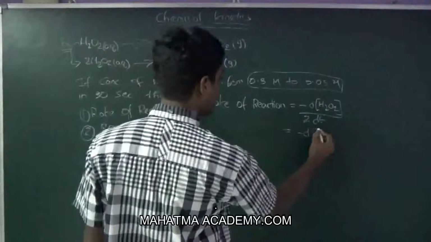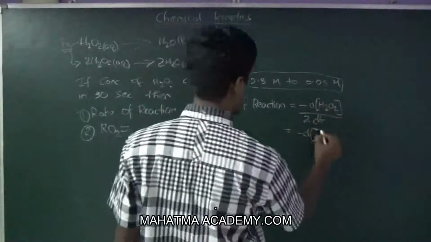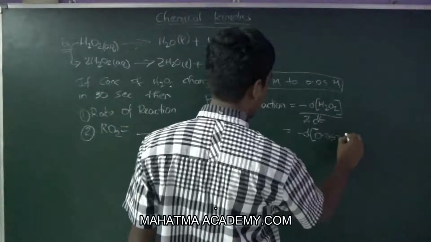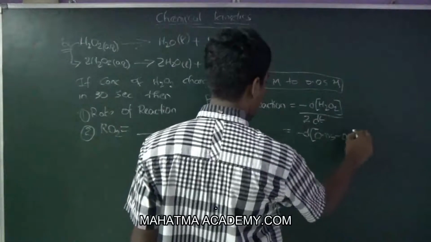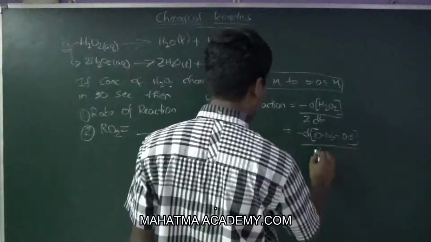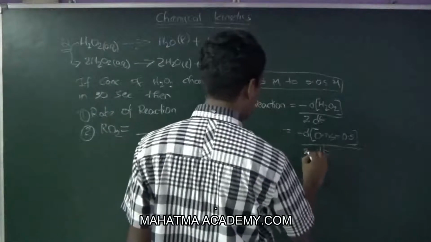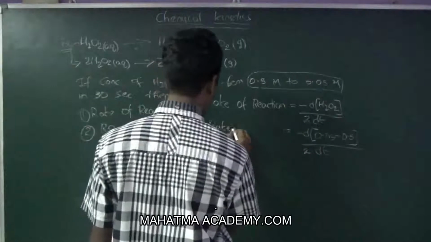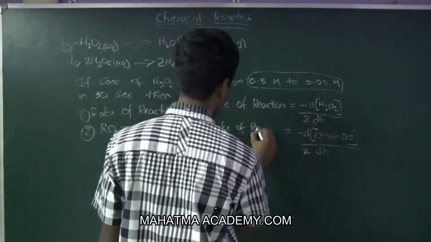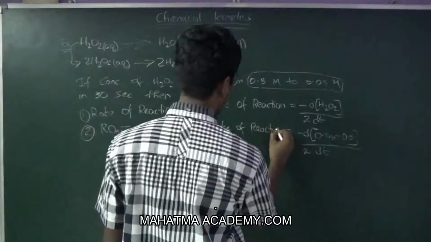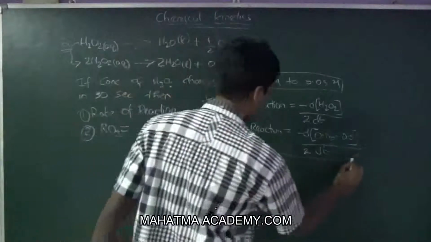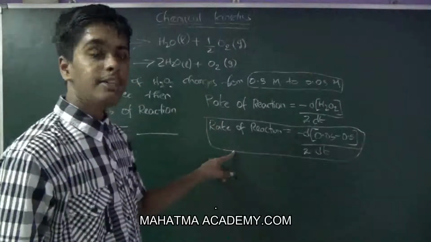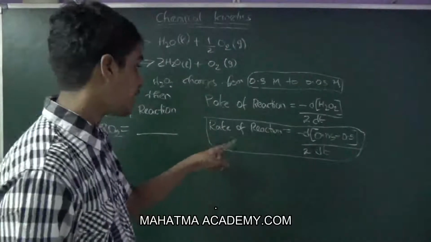Now it is 0.05 minus 0.5 upon dt into 2 downwards. It is the rate of reaction. If you solve this equation, you will get the rate of reaction.